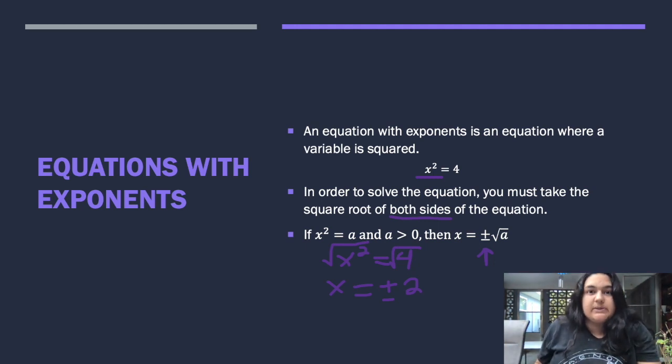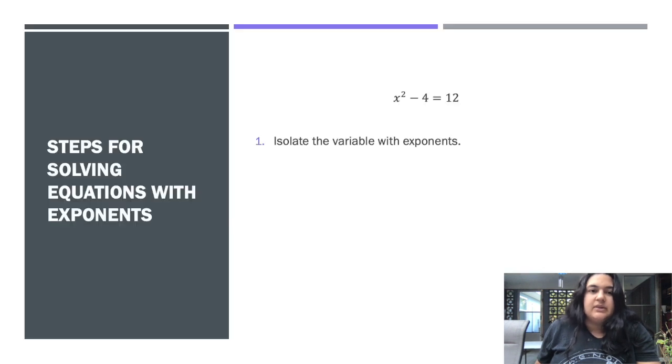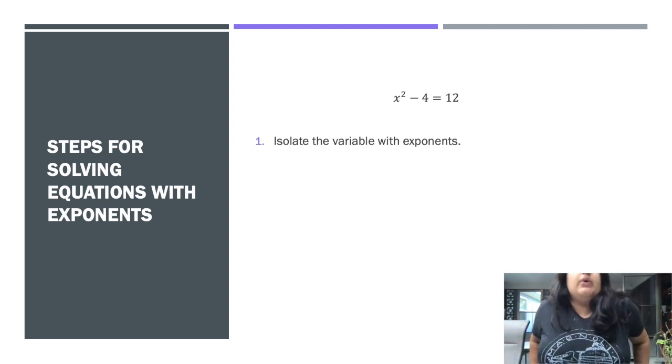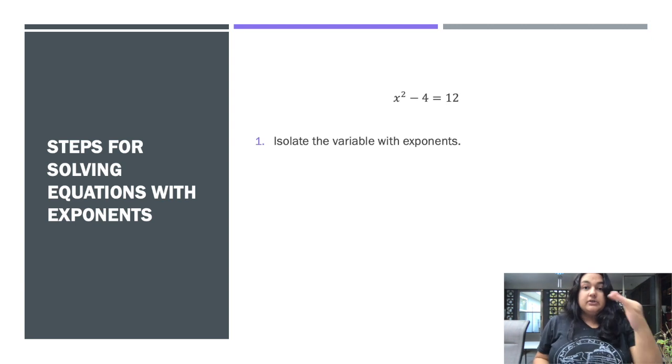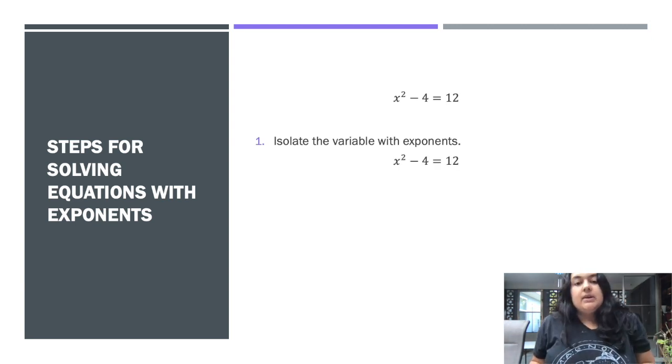Let's look at some steps before we do some practice. Okay, my first step is going to be to isolate the variable with exponents. So here on top of the page, I have x squared minus 4 is equal to 12. So we're going to use the steps to solve this equation. If I'm isolating the variable, who needs to go first?